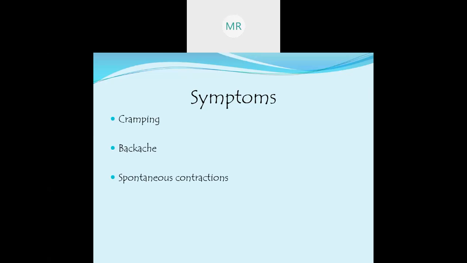All of a sudden they start with contractions. None of this is normal. So a lot of times there's education that we tell mom ahead of time when she comes into the healthcare provider's office: if all of a sudden you're cramping, you have this dull, low backache, you have spontaneous contractions, that's preterm labor. You don't want that. That's not normal. You need to call. You need to come in to triage.